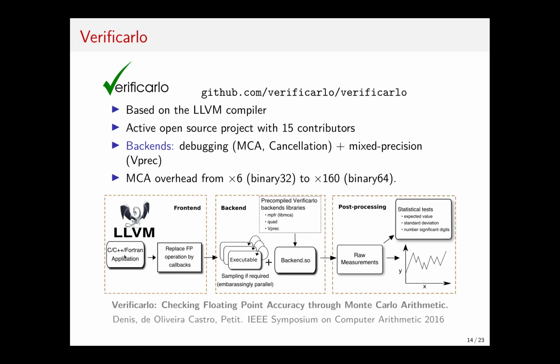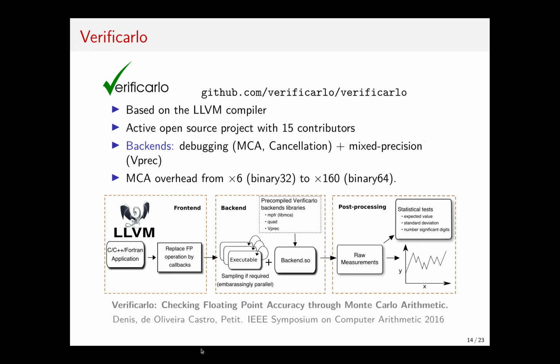So we can compile C, C++, Fortran applications. With Fortran, I have to say that we depend on Flang, and the state of Flang currently is still a bit shaky, but it's possible. It requires some work. It's an active open source project with 15 contributors.